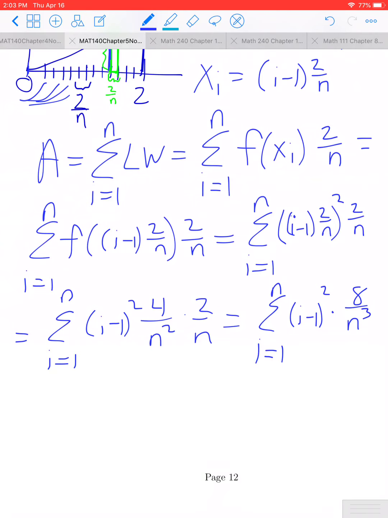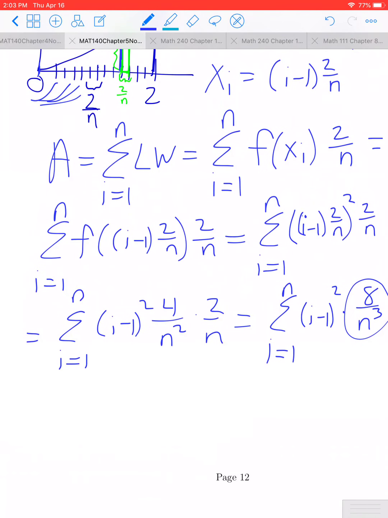Notice that with respect to the index of summation, this term is a constant, so we can use our constant rule to pull that outside the sum. This is 8 over n cubed times the sum from i equals 1 to n of i minus 1 squared. If we expand that, that's i squared minus 2i plus 1.